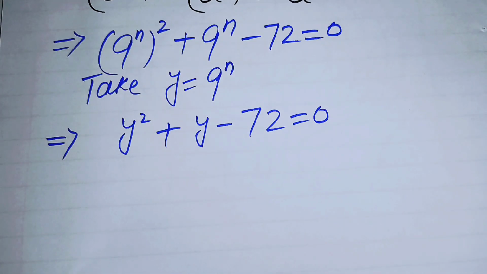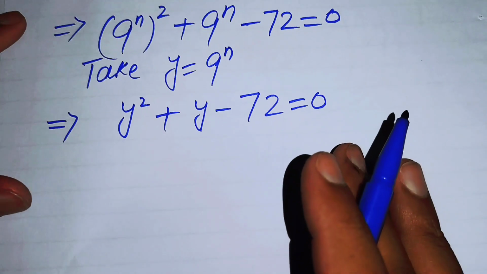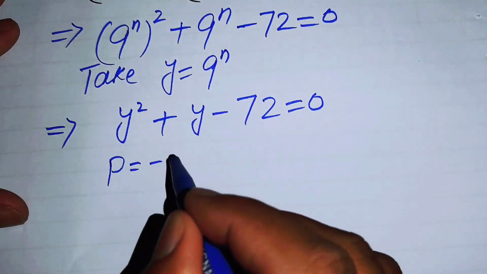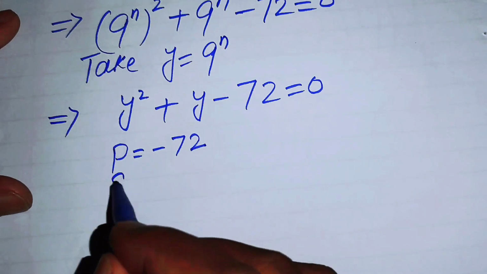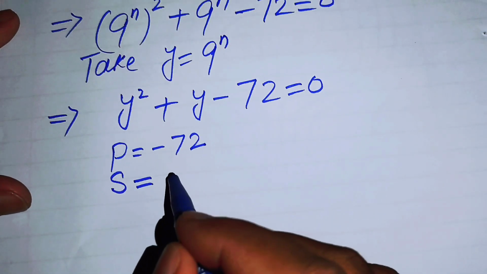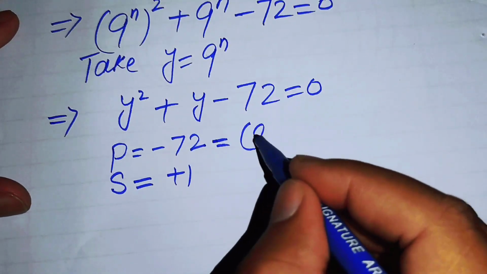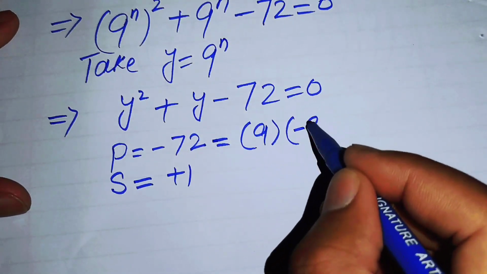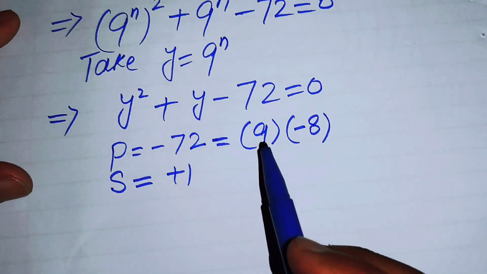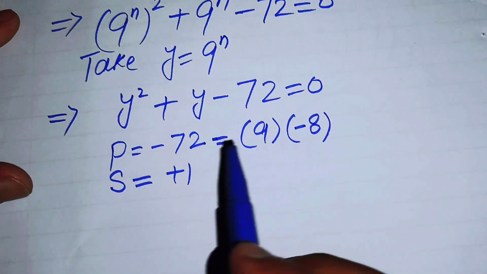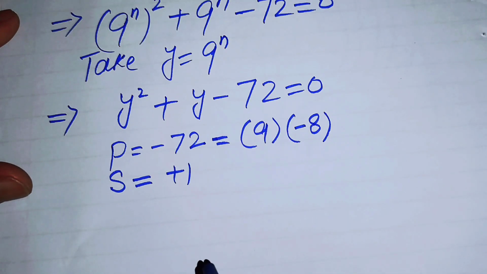Now we need to factorize this quadratic equation, and here we need two numbers whose product is minus 72 and whose sum is plus 1. These two numbers are 9 and minus 8, because 9 times 8 is equal to 72, and with the minus sign it is minus 72.